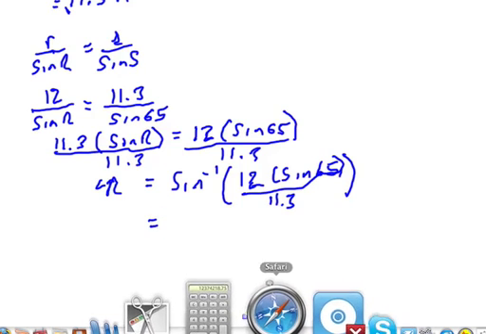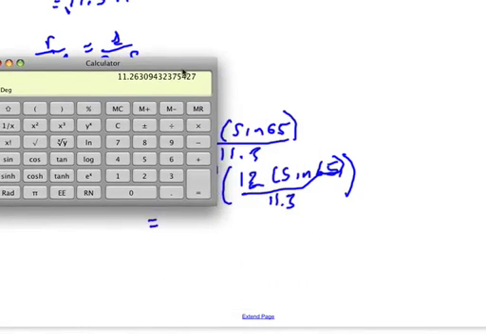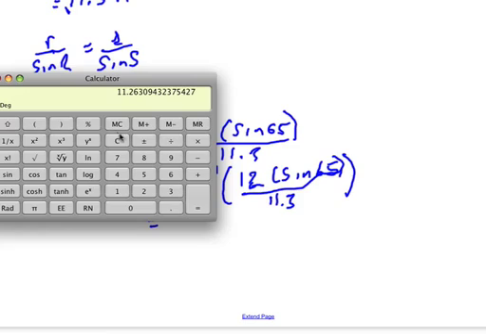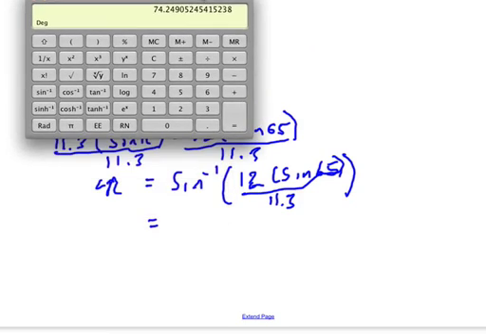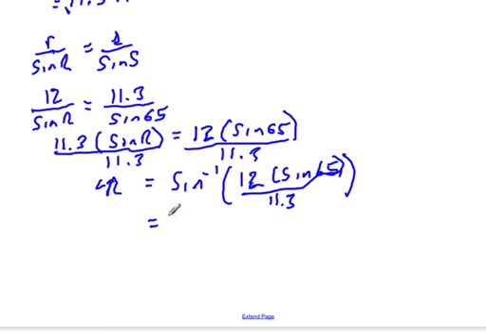So when we call up our calculator, this is going to be 12 times 65 sine divided by 11.3, and then we're going to take the inverse sine. So this is equal to 74 degrees, and we can use 74.2 degrees, but we'll just use 74. And so that's the measure of angle R.